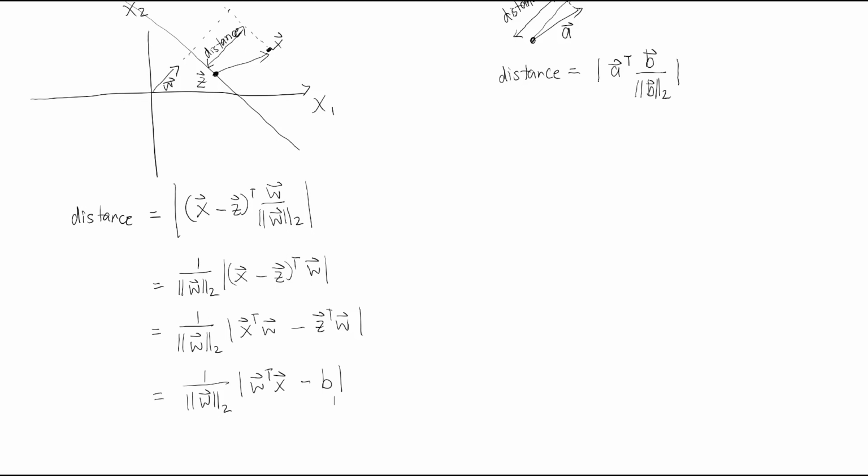So let's take a look at this a bit more slowly, actually. So we're now going to do the SVM formulation. And it's going to be a constrained optimization problem.